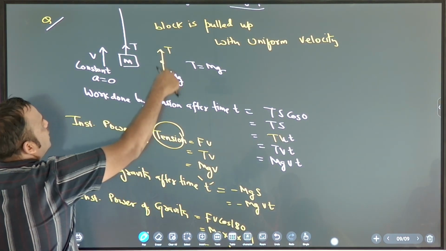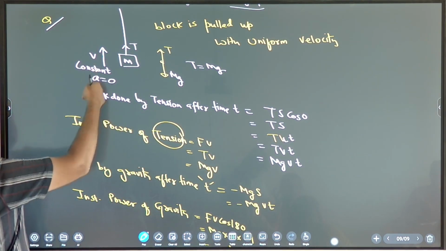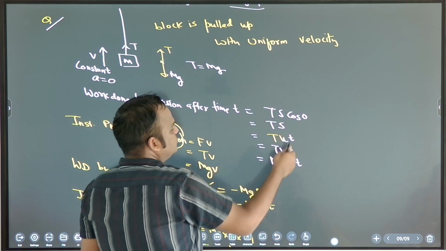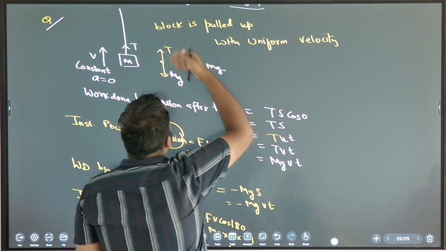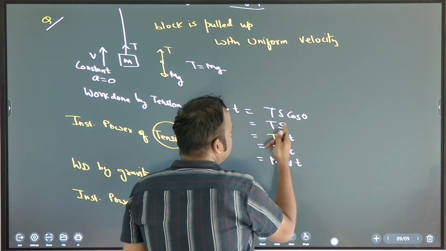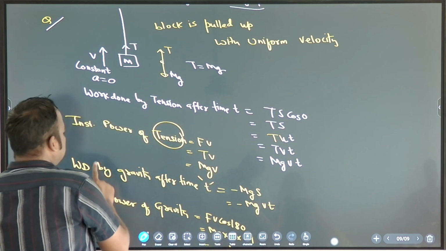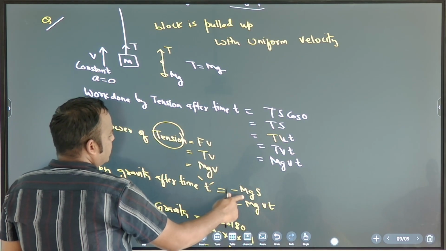So tension and mg are equal, velocity constant, acceleration 0. Work done by tension is Ts cos 0, T is mg, S is vt, so mgvt. Work done by gravity is minus mgvt.